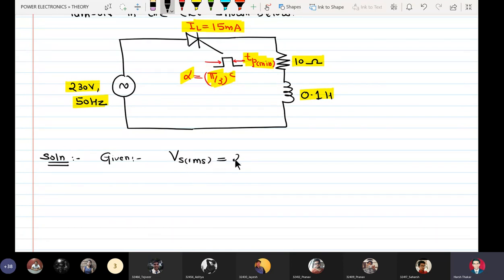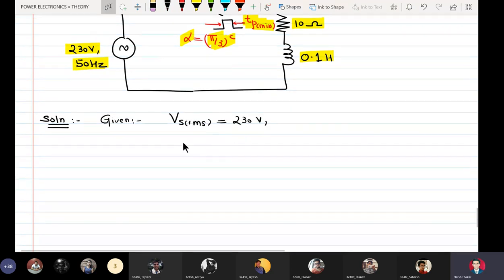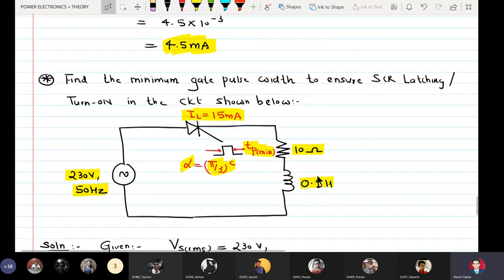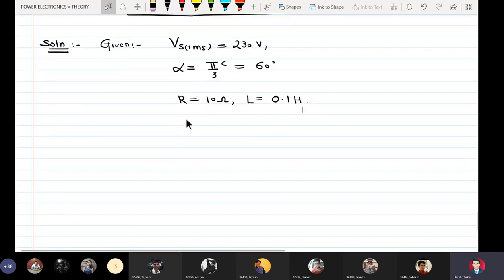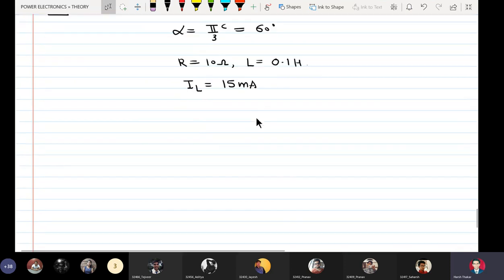Given Vs RMS is 230 volt, alpha is pi by 3 radians equal to 60 degrees, R equal to 10 ohm, L equal to 0.1 Henry, and also given latching current is equal to 15 milliampere.